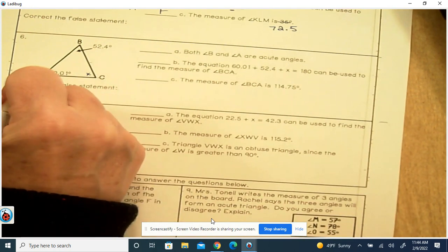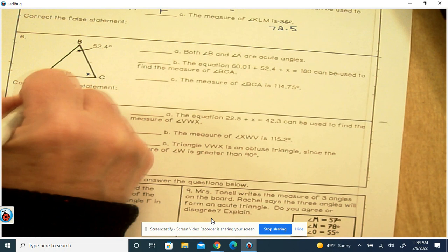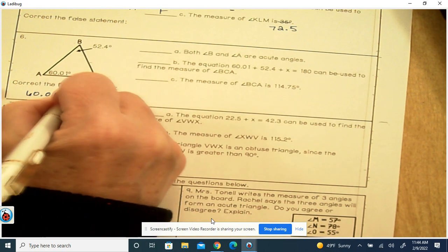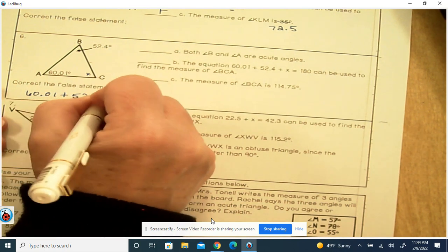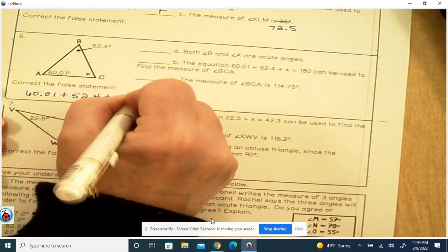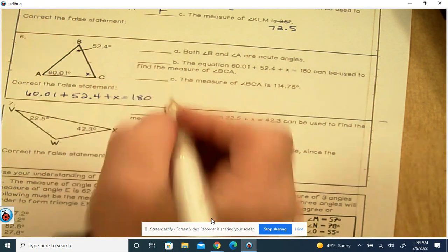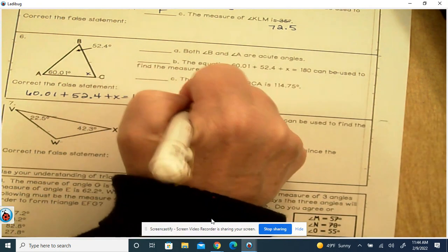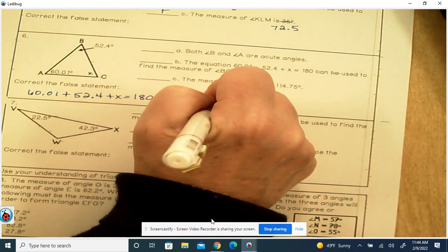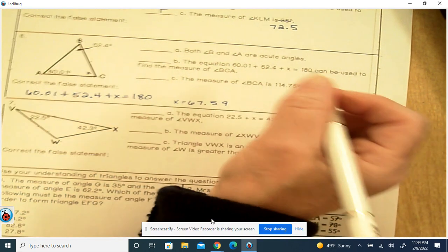All right, here's x. So we've got 60.01 plus 52.4 plus x equals 180. So if we do that, our missing angle is 67.59.